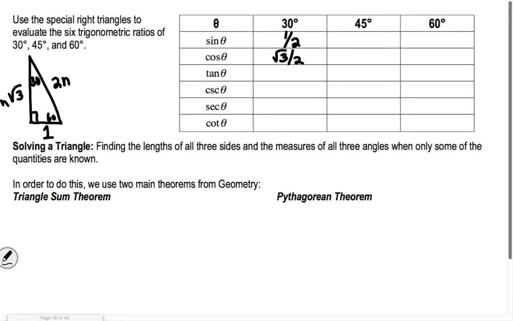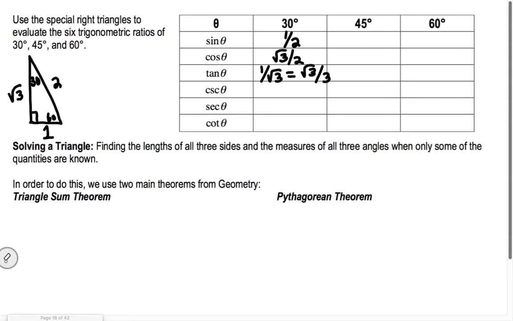Does that bother you? So it's going to be 1 divided by root 3. Do we leave it like that? Rationalize, what do we get? Yeah, root 3 over 3. Do you guys understand that? 1 over root 3, if I multiply by root 3 over root 3, I get root 3 divided by 3.